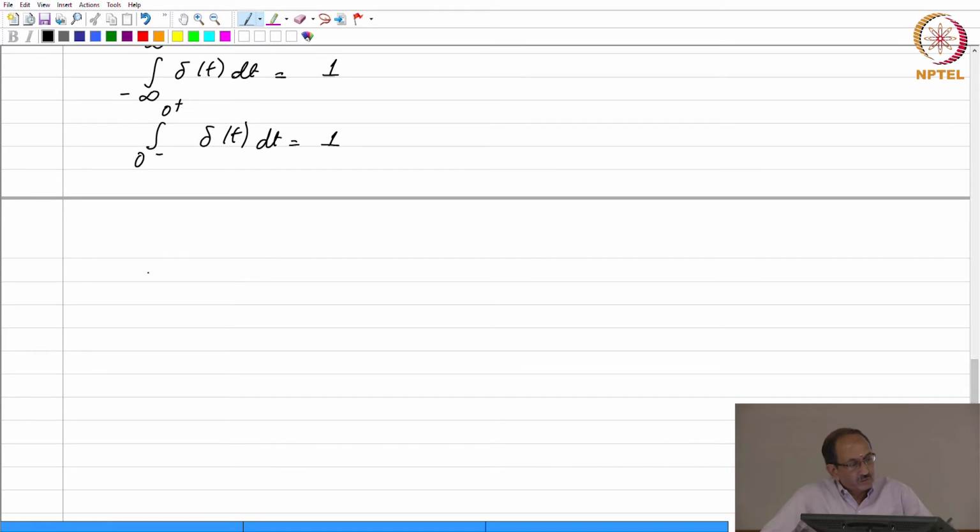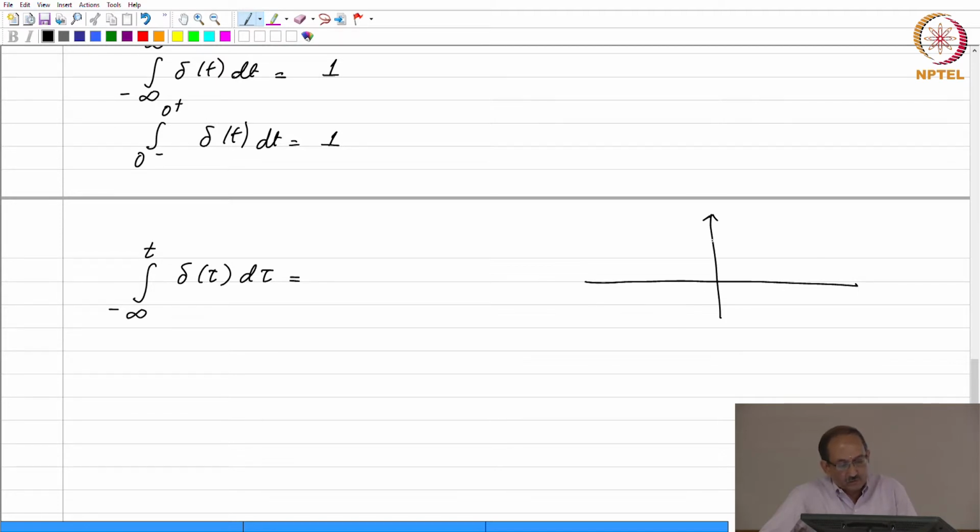And then we start to look at things like the integral from minus infinity to t of delta of tau d tau, and the picture we have in mind is this impulse sitting at the origin. So, this is delta of tau, and the integral from minus infinity to t is nothing but the running integral of this. We have two possibilities here. If t is less than 0, then the running integral value is 0. Therefore, we say that this is 0 for t less than 0.